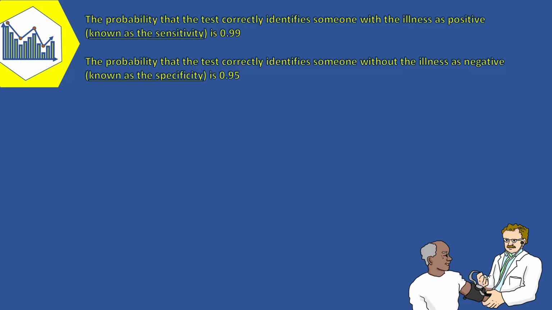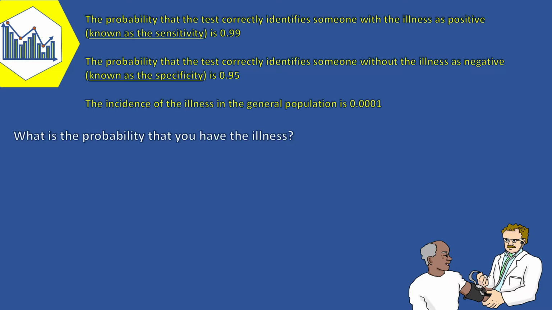The incidence of the illness in the general population is 0.0001. You take the test and the result is positive. What is the probability that you have the illness?